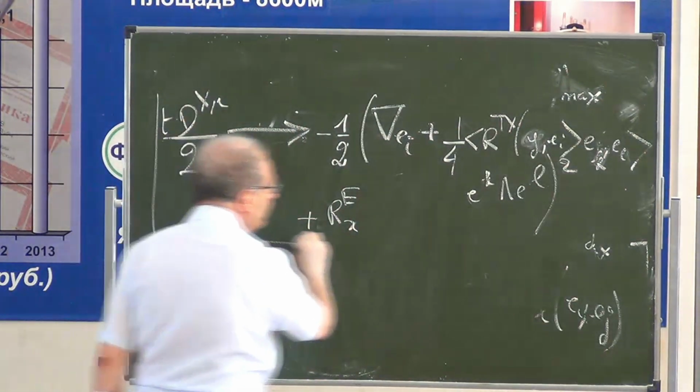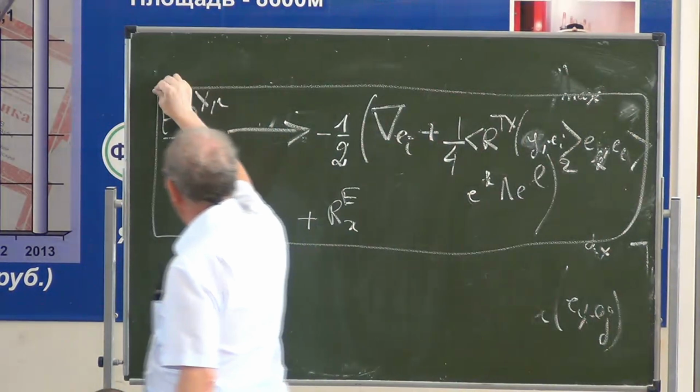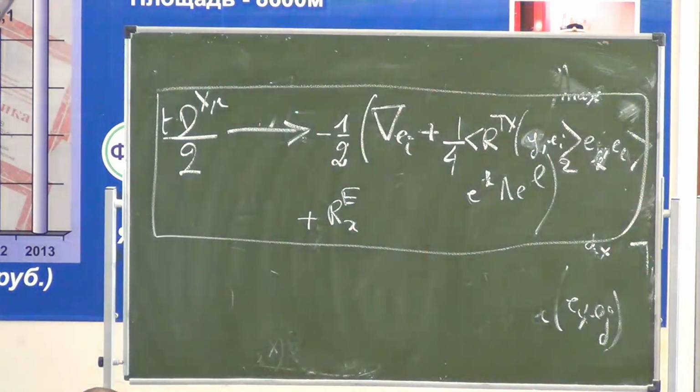That's all what survives from the operator after change of coordinates and using the representation of the Clifford algebra.